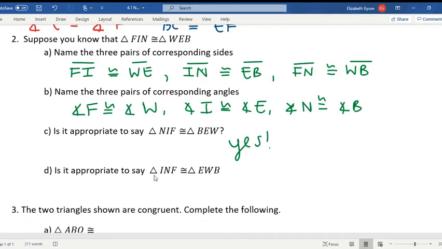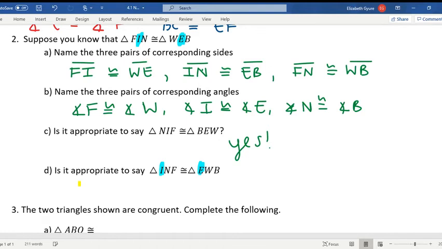The second one says, is it appropriate to say triangle INF is congruent to triangle WEB? Well, this one's lining up I with E. And if you look at your original statement, I still went with E. Okay, so that part's good.